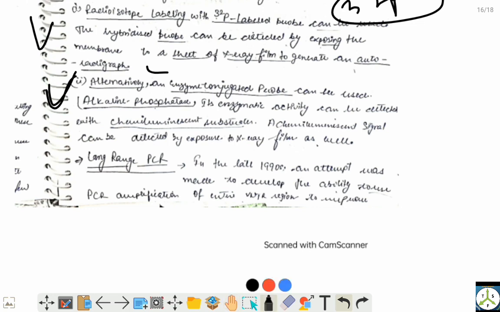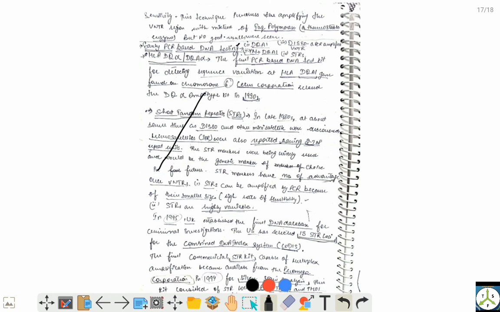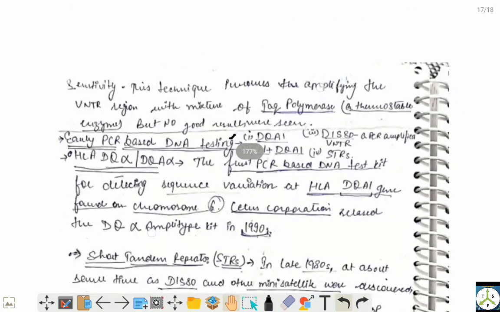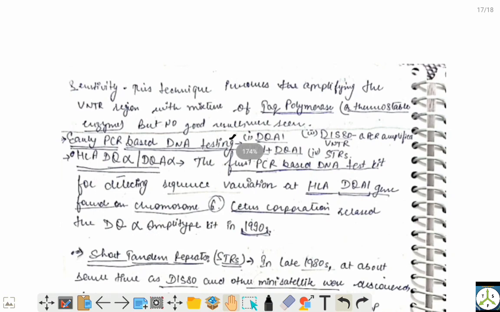In the late 1990s, an attempt was made to develop PCR amplification of the entire VNTR region to improve the result of RFLP. We use long PCR to increase the sensitivity of that technique.